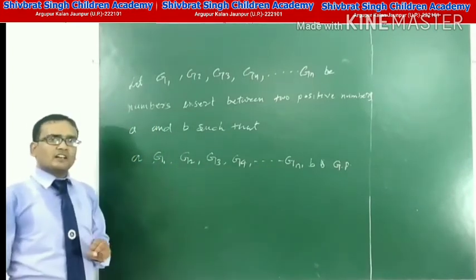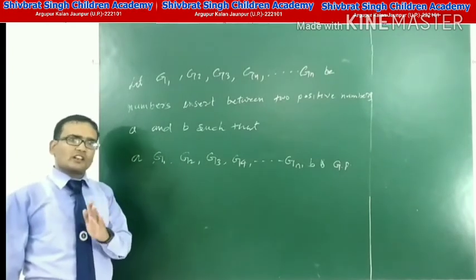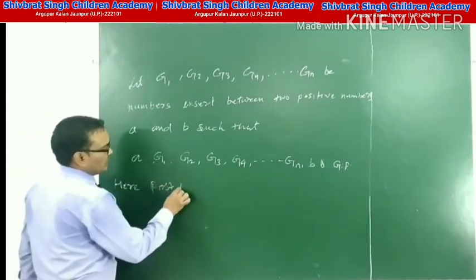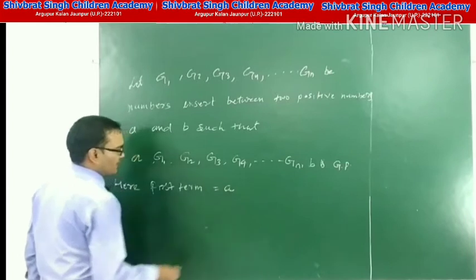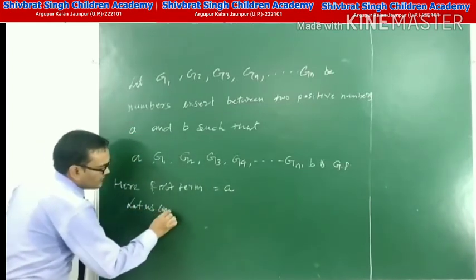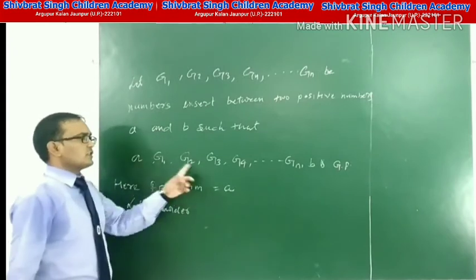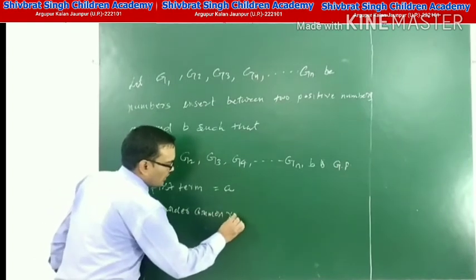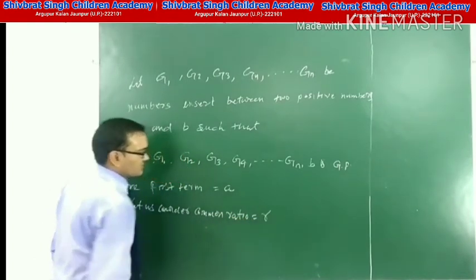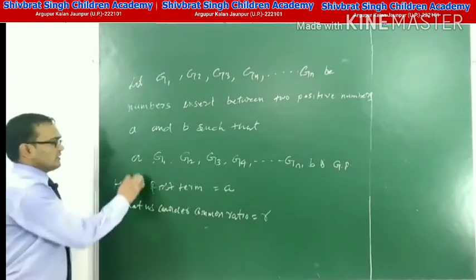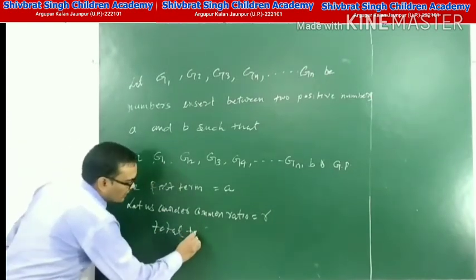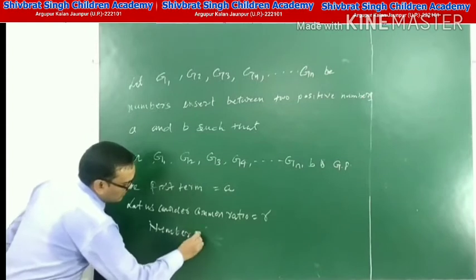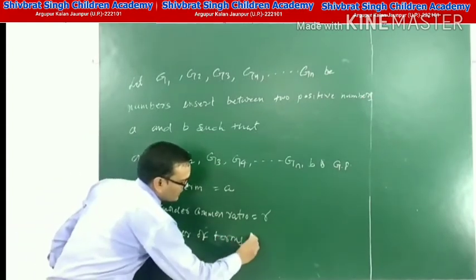Now we find the value of G1, G2, G3 similarly. Here the first term is a, and let us consider the common ratio of this GP is r, and the total number of terms in the GP.